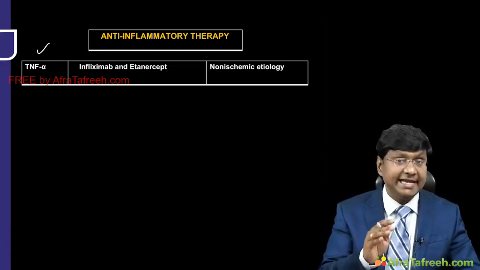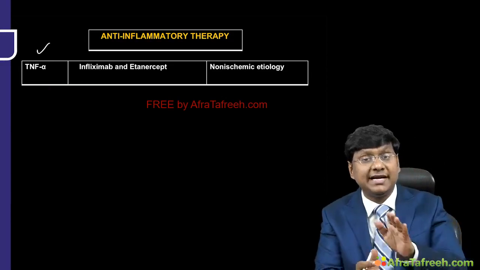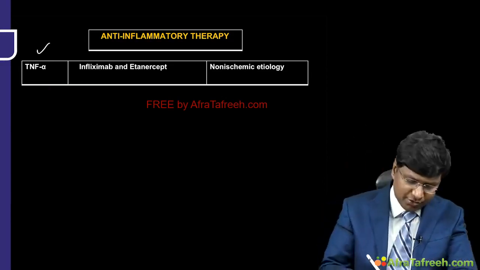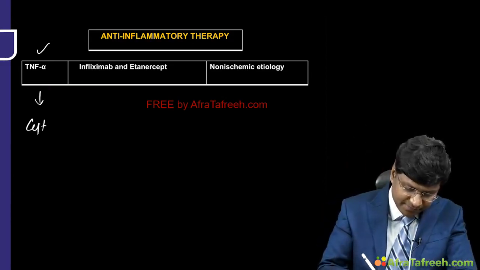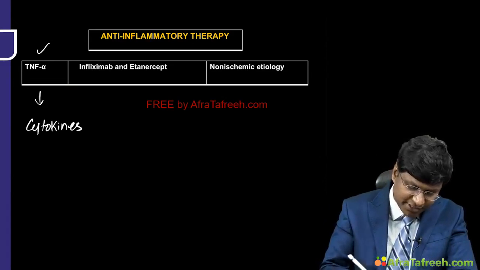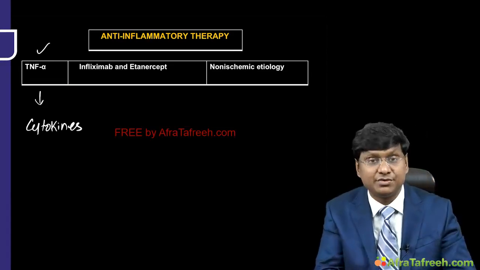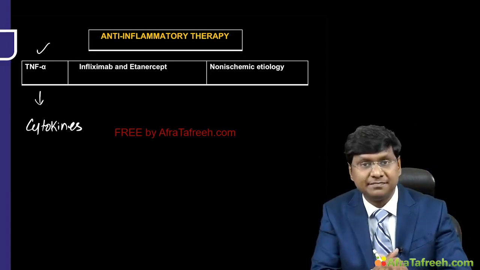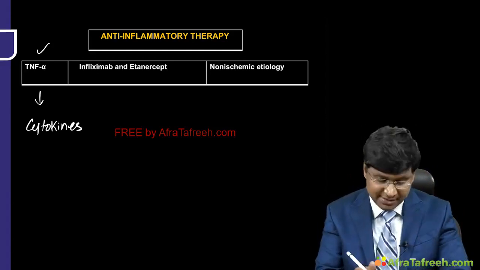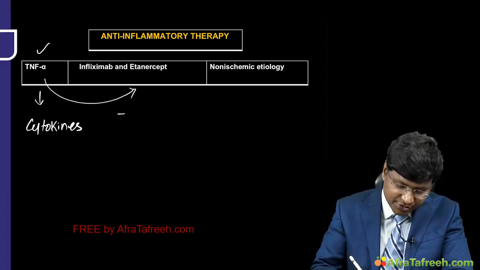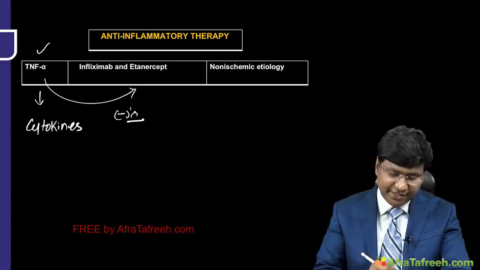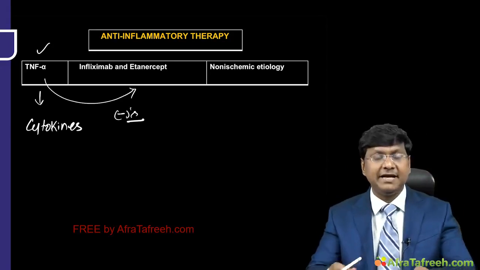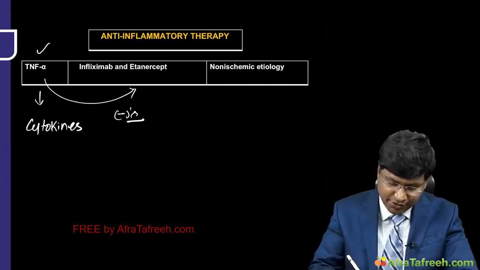One of the inflammatory cytokines which can precipitate it is TNF alpha. So we give the TNF alpha inhibitors. Examples of the TNF alpha inhibitors are infliximab as well as etanercept.